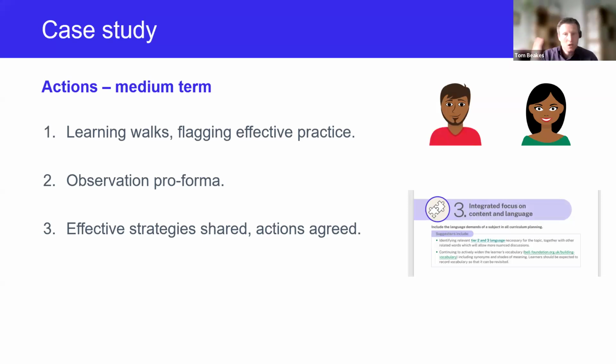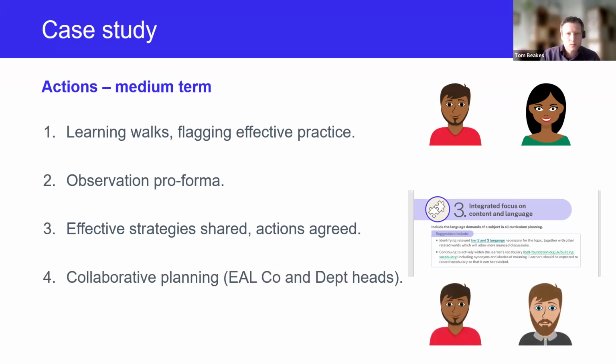So for example, maybe the science teacher's been using writing frames for producing experiment write-ups. Maybe the English literature teacher's been producing substitution tables to help learners describe characters, whatever that might be.